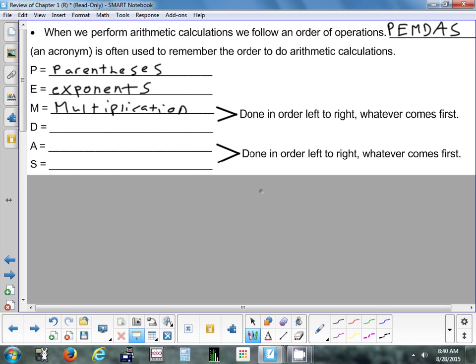About the D? Divide, yep, divide or division. And the last two? Addition. And the last one? Subtraction.